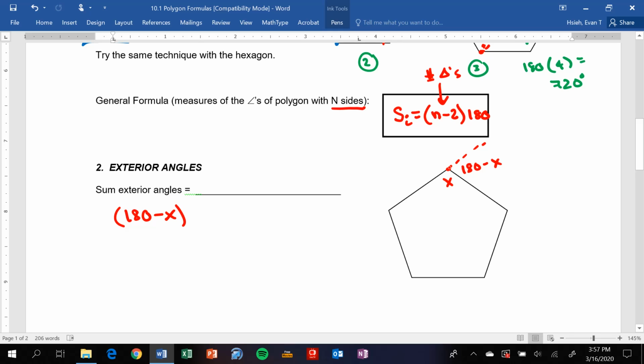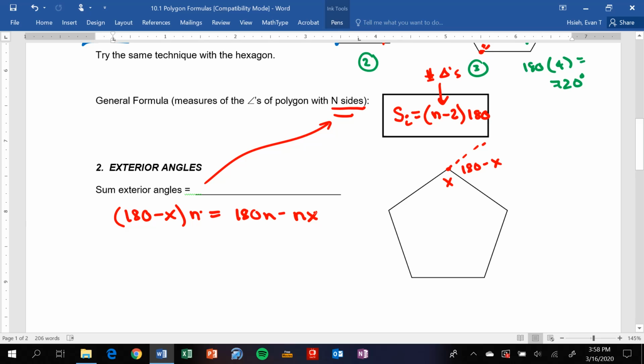The number of vertices is the same as up here, the number of sides. So we'll call that n. And we know that's equal to, if I distribute this, 180n minus nx.